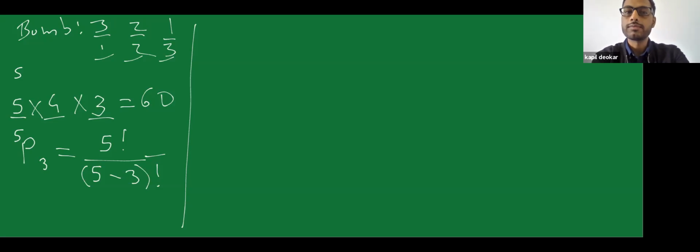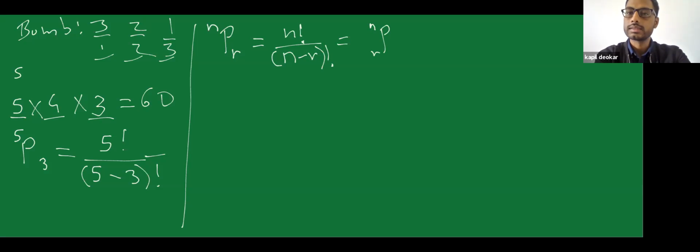The formula for permutation is: if I have n number of places out of which I have to fill r places, then the permutation formula, or nPr, is equal to n factorial divided by n minus r factorial. So nPr can be written in different ways. These are different notations of writing nPr.